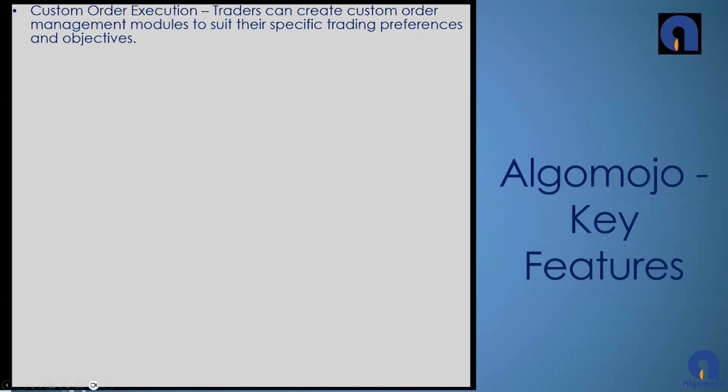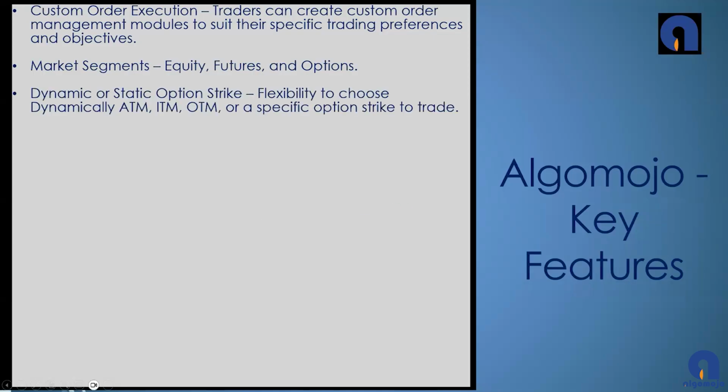Right. Now you can trade in equities, you can trade in futures, you can trade in options. You can set to trade in a particular static option for the entire day. Suppose you decide that you want to trade only in 25,000 CE and PE for the day, say Monday. You can do that, or you can set it to dynamically select ATM, ITM or OTM strikes whenever the signals are generated.